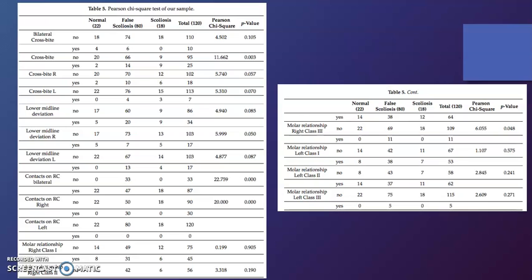So this chart shows the crossbite, lower midline deviation, contacts, and molar relationship among the normal, false, and regular scoliosis diagnosis. And the correlation between false scoliosis and crossbite is evident with a Pearson's R value of 0.279, and it is statistically significant since it has a p-value of 0.002.